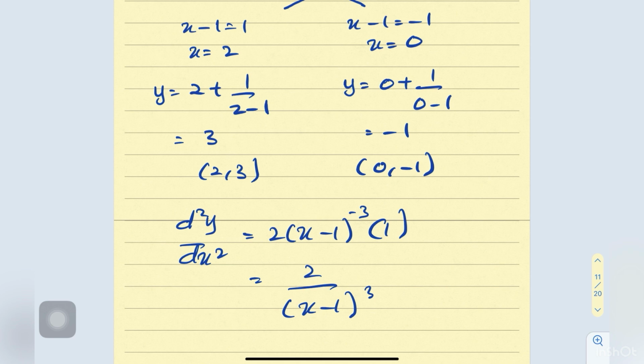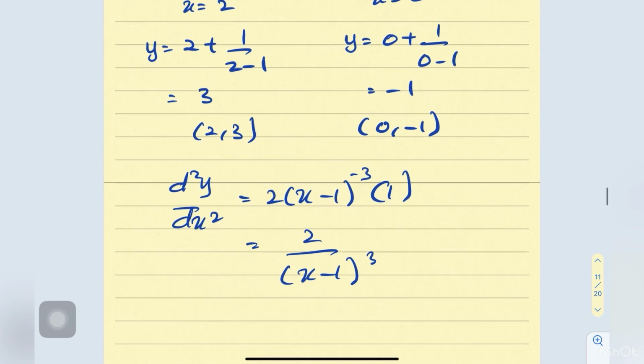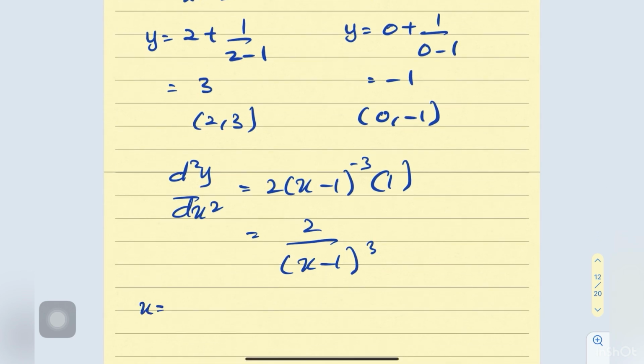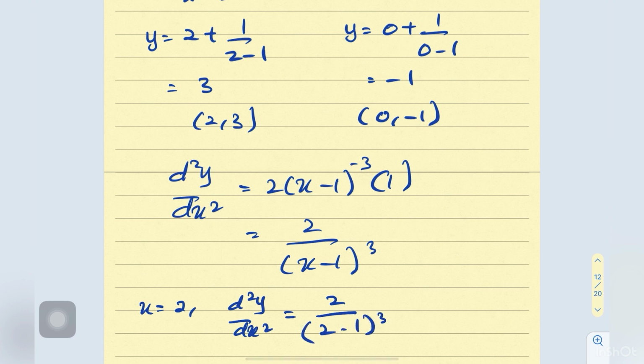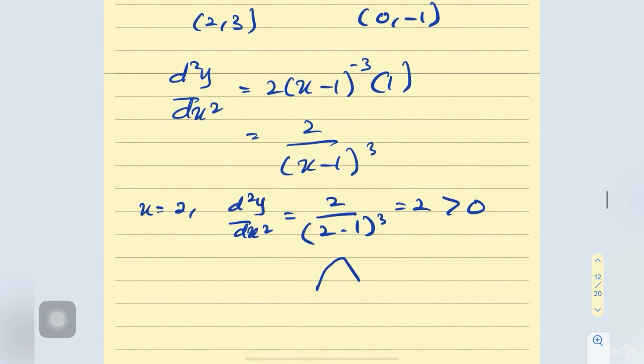So you substitute: when x equals 2, d squared y/dx squared equals 2 over (2 minus 1) cubed, equals 2. So 2 is more than 0, so minimum. Sorry, minimum.